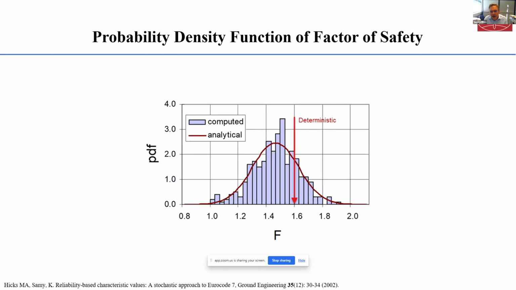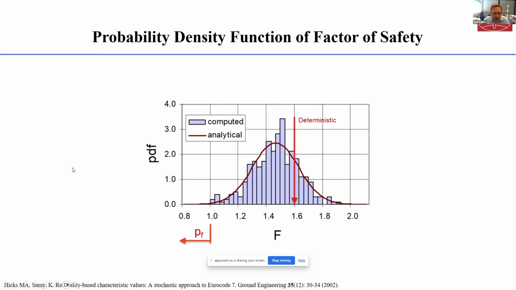The first is there's a wide range of possible responses of the structure due to the fact that we're uncertain about the material conditions in the first place. The second thing is that the mean probabilistic response is a lot weaker than the deterministic solution based only on the mean strength profile. And the reason for this is because failure is attracted to weaker zones and it tries to avoid, where possible, the stronger zones.